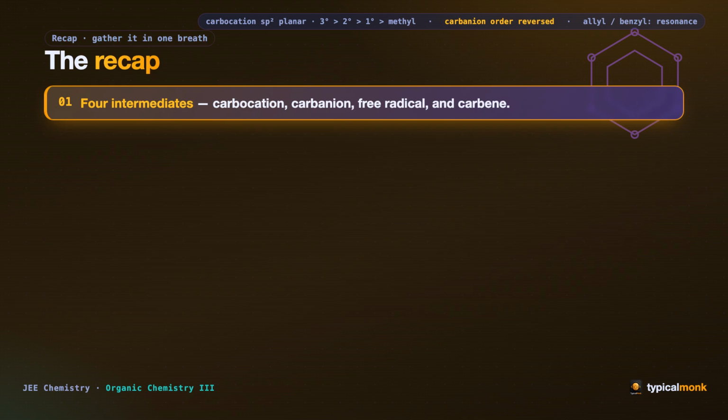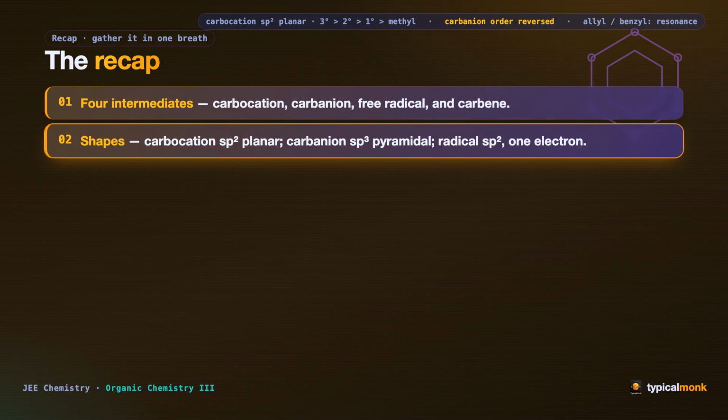Let us gather it all in one breath. 4 intermediates, the carbocation, the carbanion, the free radical, and the carbene. The shapes, carbocation, sp2 planar, carbanion, sp3 pyramidal, radical sp2 with 1 electron.